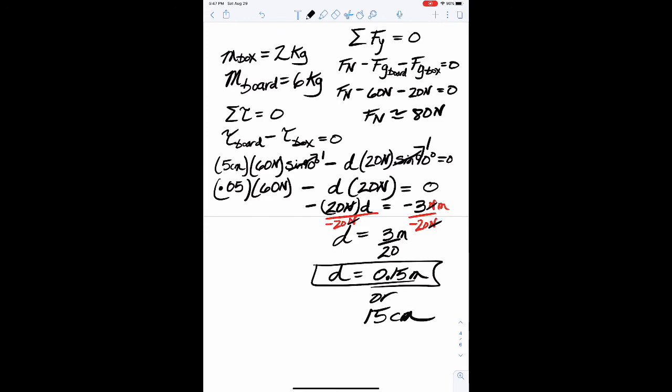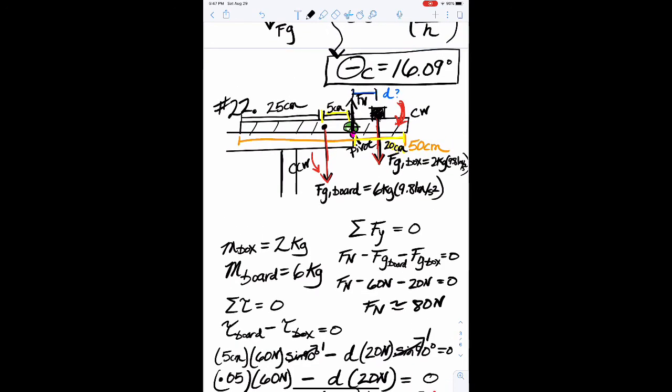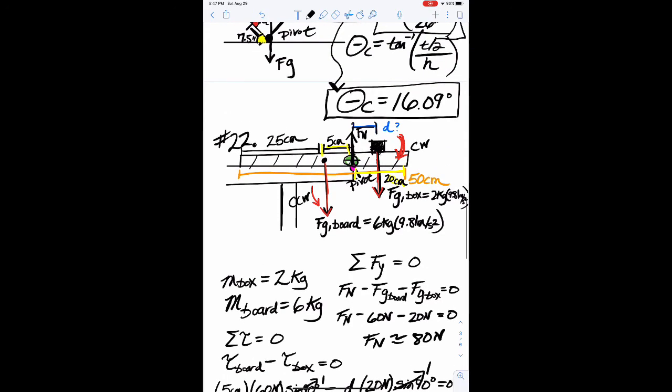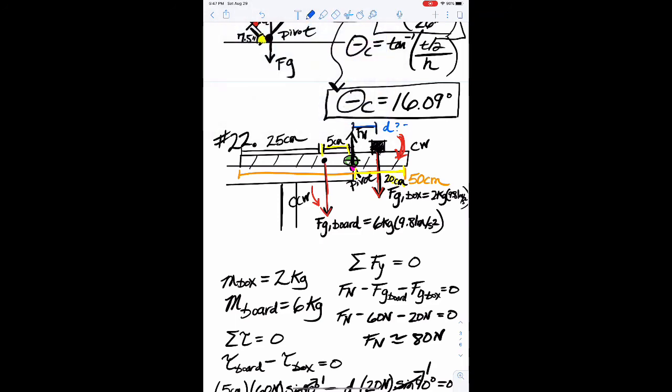And so what we're saying then is that this distance right here in blue, let me get my blue marker back, is equal to 15 centimeters.